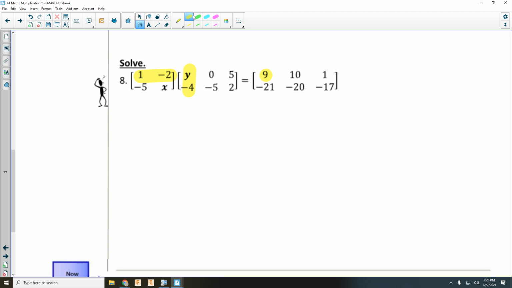Okay, so really it's not any harder to solve for a missing element in a matrix in one of these types of questions.